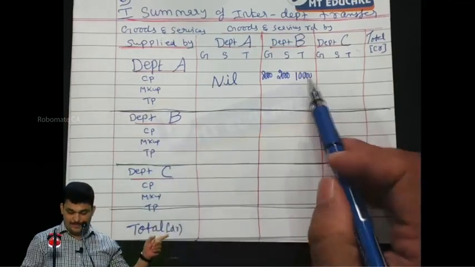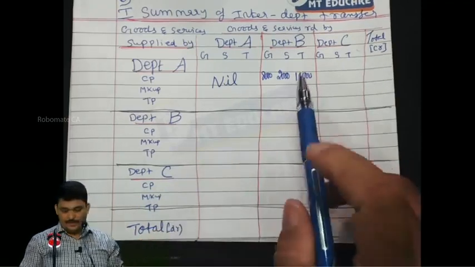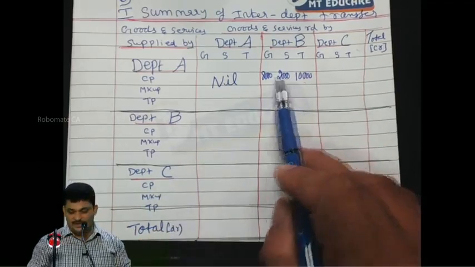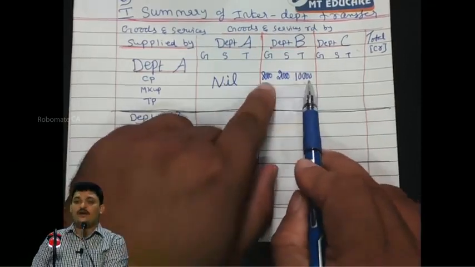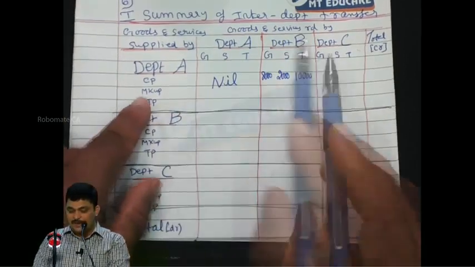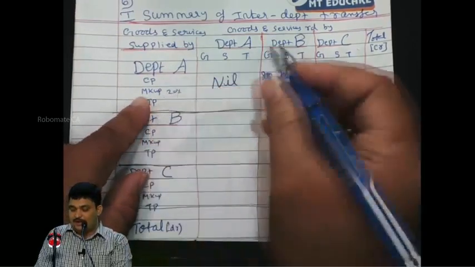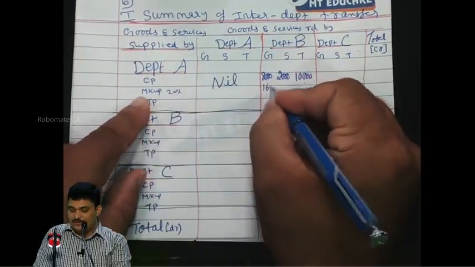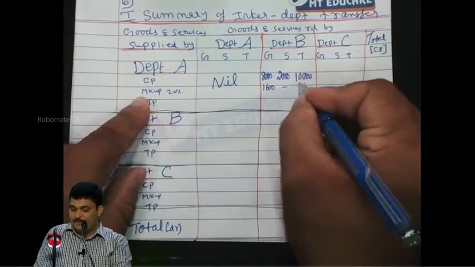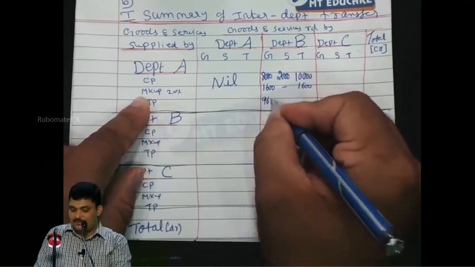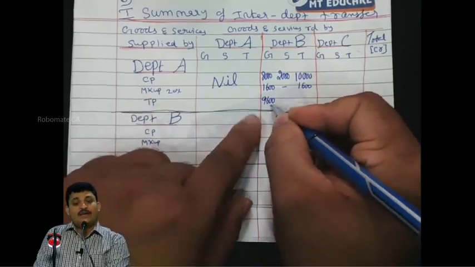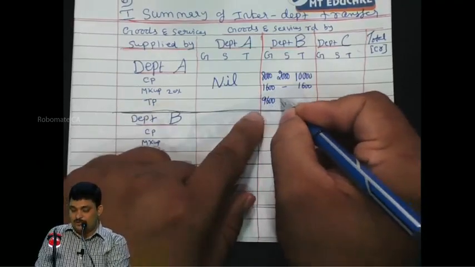Now these are all at cost price. Adding markup at 20% on goods alone, 1,600, so this becomes 9,600, which is the supply of goods.